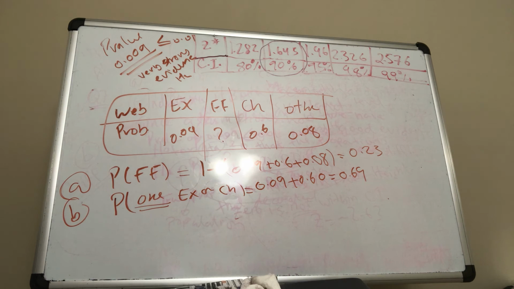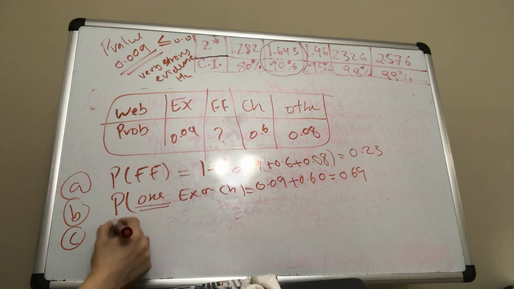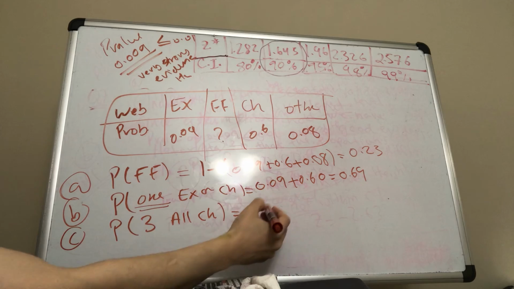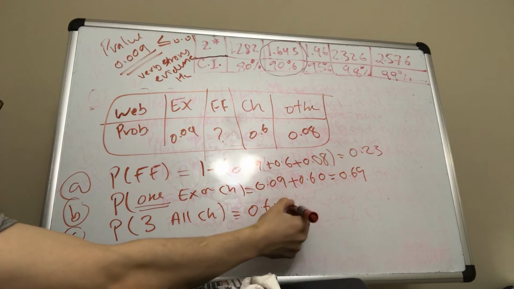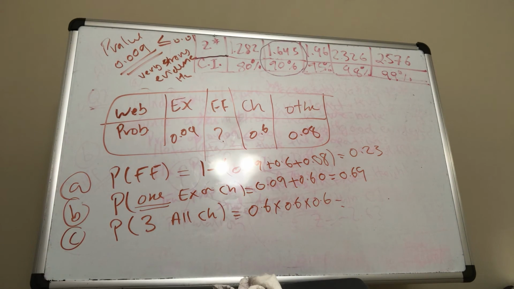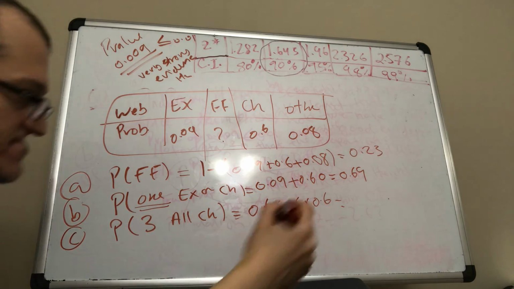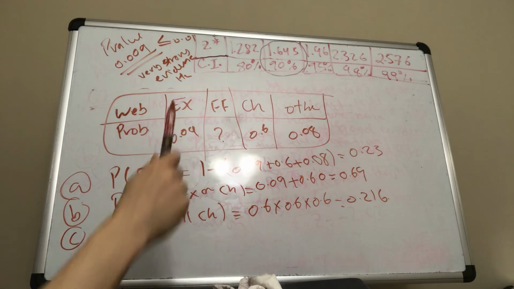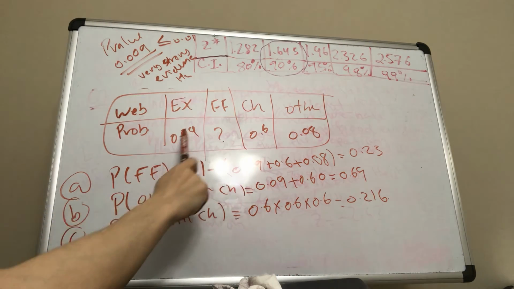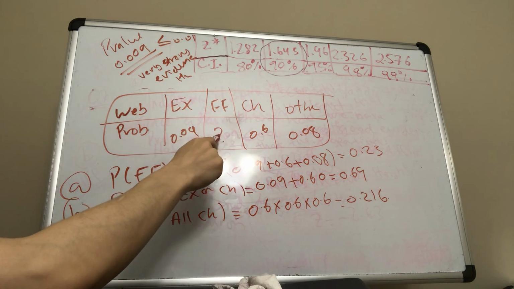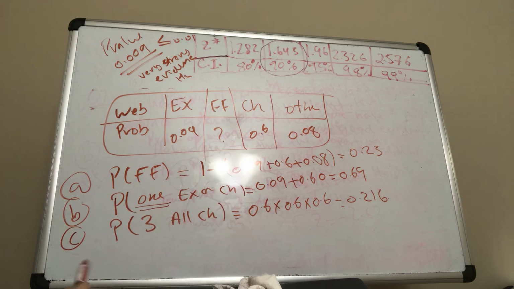What's the probability they all like Chrome? All 3 Chrome, you take 60% times 60% times 60%. And that would be the answer. If they tell you you select 3, 2 of them Explorer and 1 Chrome, it would be this times this times this. 3, all of them Firefox would be 23% times 23% times 23%.